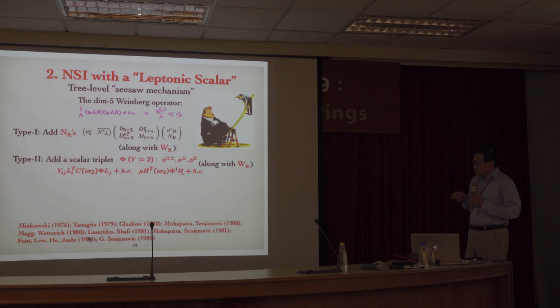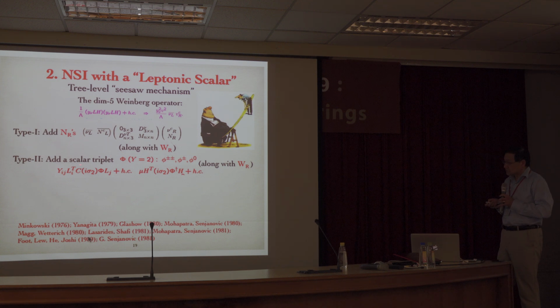Type 1 is the typical situation where you search for the heavy Majorana neutrino, from mixing, maybe even along with the W prime, as YE discussed in his talk. Type 2 is different: there is no need for the right-handed neutrino.